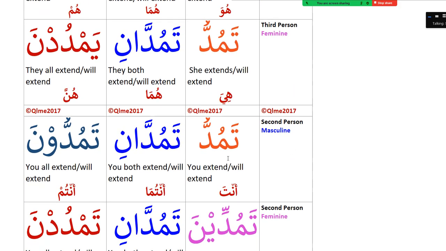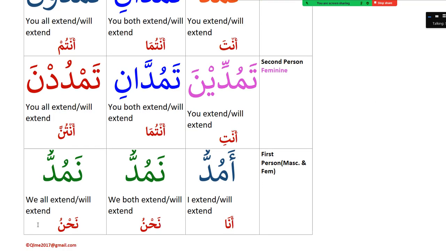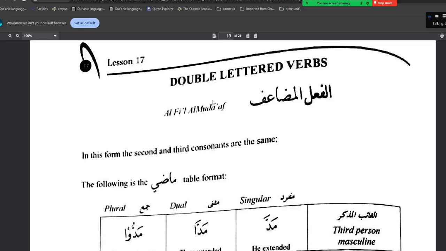And second person is anta tamuddu, antuma tamuddani, antum tamudduna. Anti tamuddina, antuma tamuddani, antunna tamdudna.